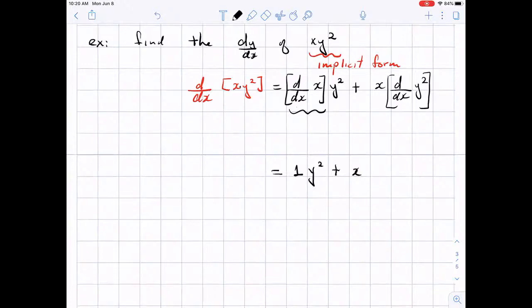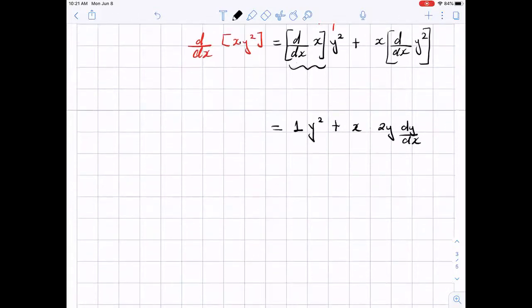So this becomes x times 2y dy dx. If we simplify this, it will be y squared plus 2xy dy dx.